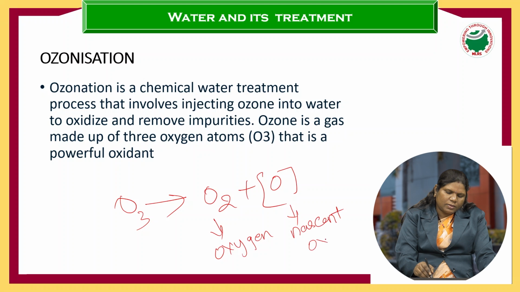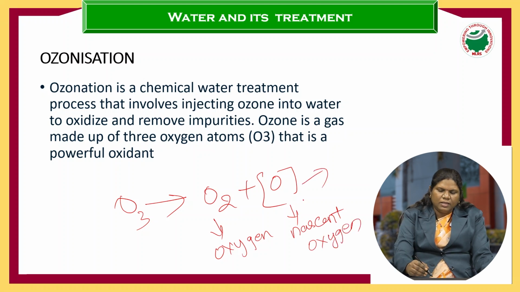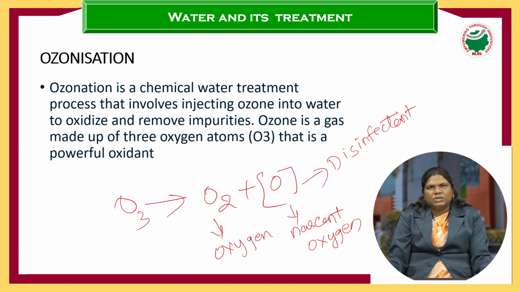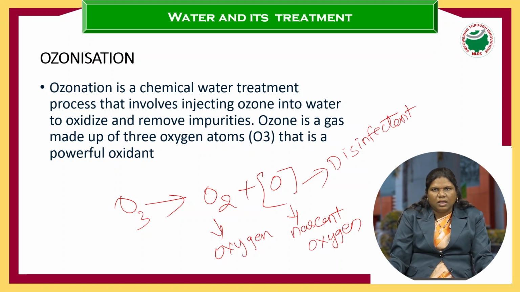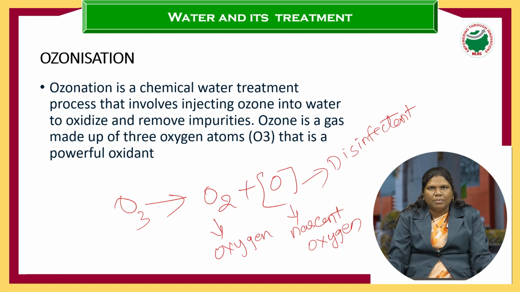This nascent oxygen acts as a disinfectant and attacks the enzymes of the bacteria and viruses present in the water and kills them, so that we can consume that water safely. This ozonization process is somewhat difficult, because ozone is a highly unstable gas and it is somewhat costly. That's why we prefer chlorination for disinfection.